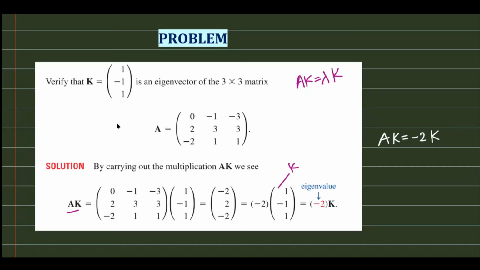So K is a vector such that AK happens to be a constant multiple of K. It means that K is an eigenvector and the corresponding eigenvalue is -2. So -2 is the eigenvalue and K equal to (1, -1, 1) is the eigenvector.